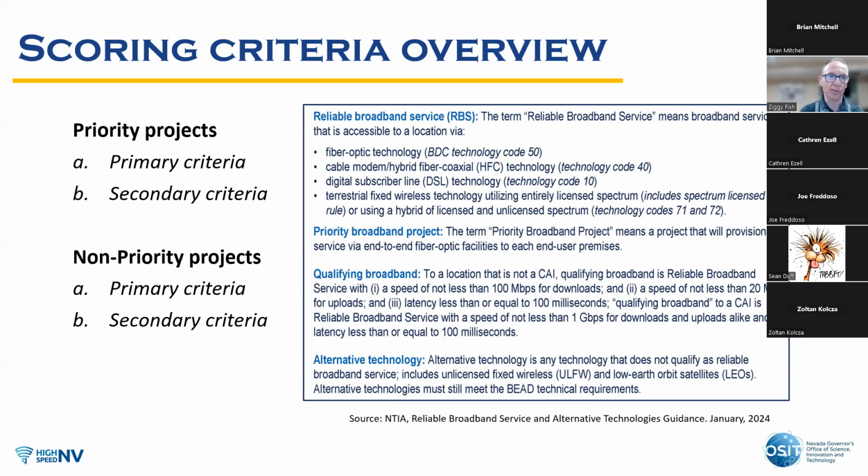NTIA has certain rules about how much weight to put on each one of them. Some of these criteria are required by NTIA, and most of the secondary criteria have been designed to fit Nevada's requirements and needs and adjusted accordingly.